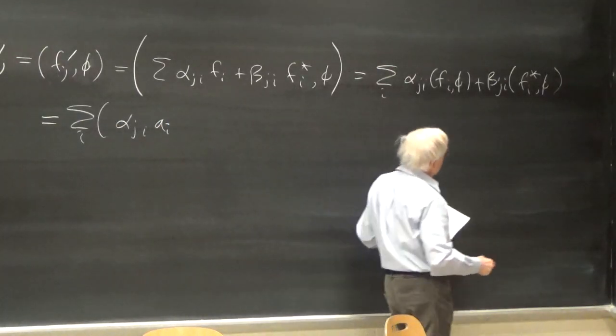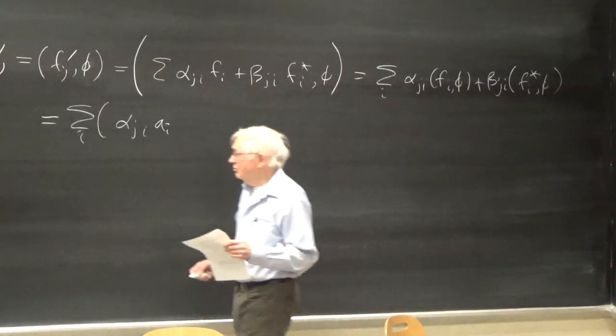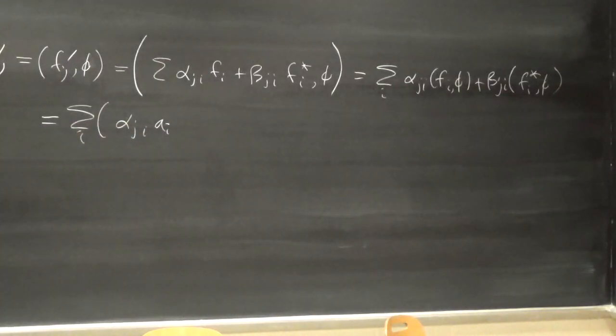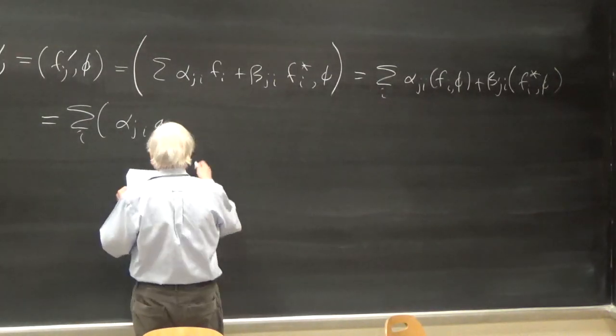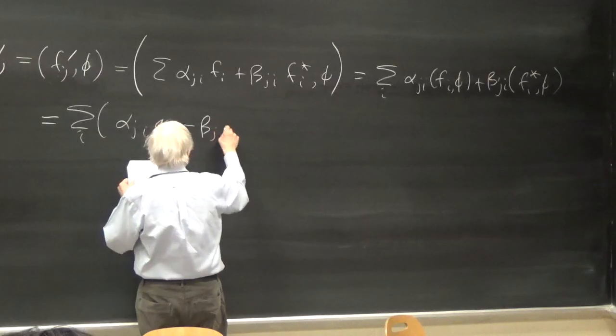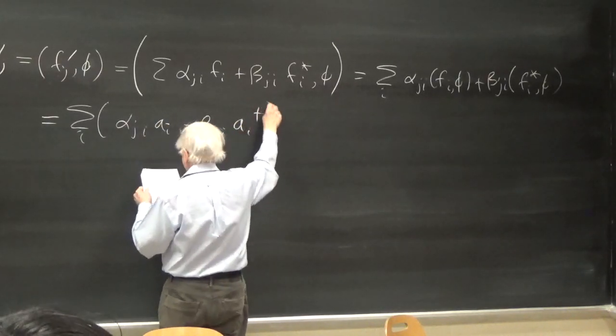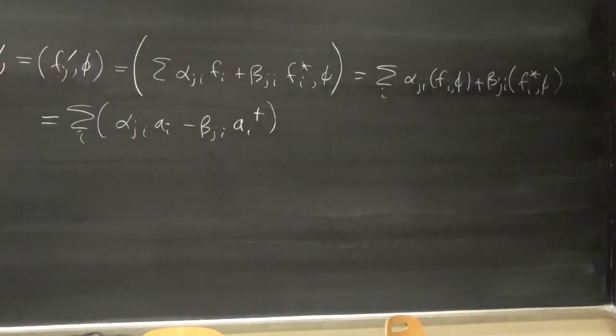And now Fi star phi is minus that, but these are not primes, so it's this one. So Fi star phi with a minus sign is minus a dagger. So this is minus beta ji ai dagger. So that's a very interesting result.